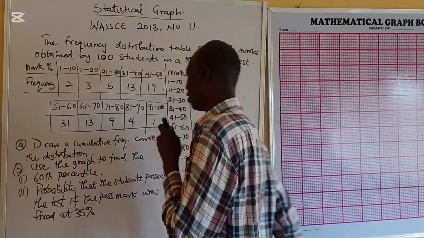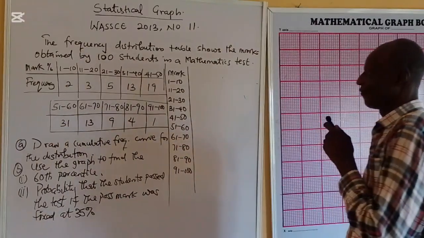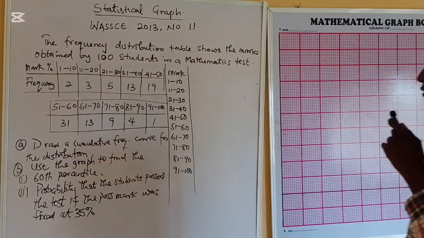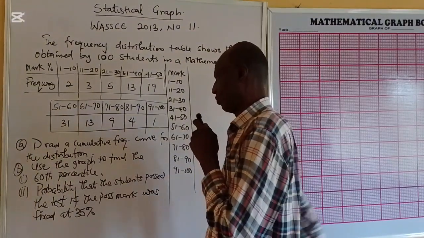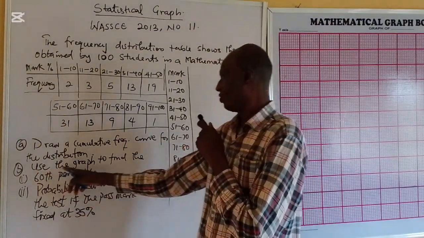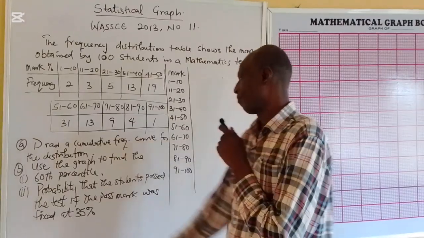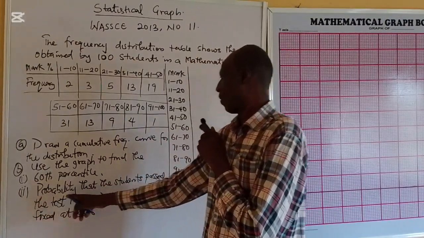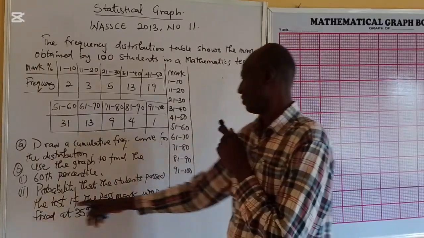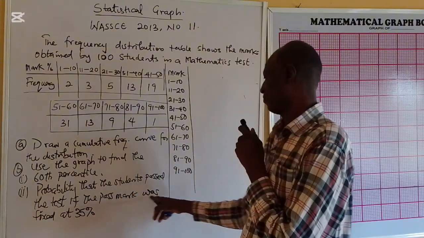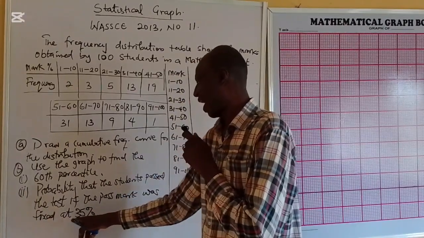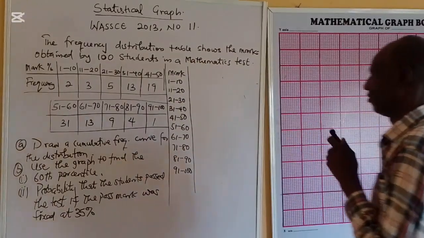A, draw a cumulative frequency curve for the distribution. B, use the graph to find the 60th percentile. C, find the probability that a student passed the test if the pass mark was fixed at 35%.